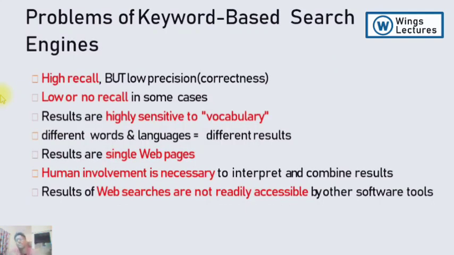Then we'll talk about the problems of keyword based search. Usually if you search something on the internet, it will have high recall. The results can be relevant to your document, or they cannot be, but it will have a high recall, while the accuracy of the data you are searching for is not promised. So we cannot say that the first 10 links you get on the first page of the Google search engine must be the right ones.